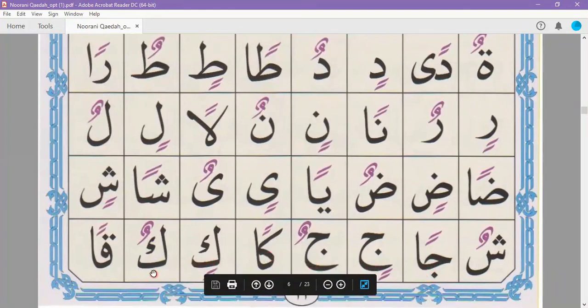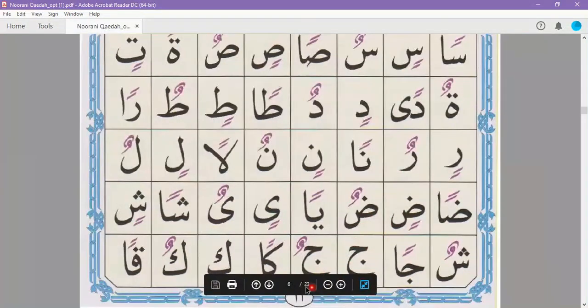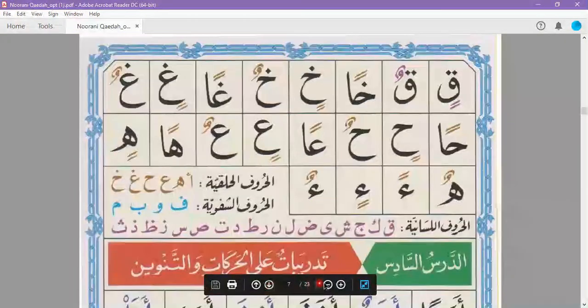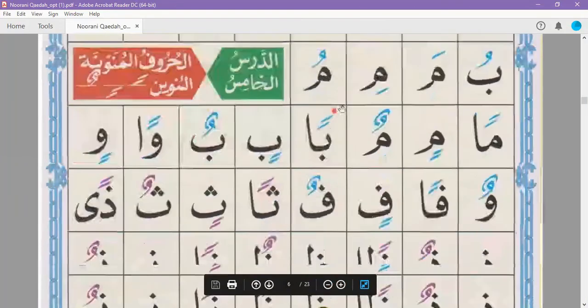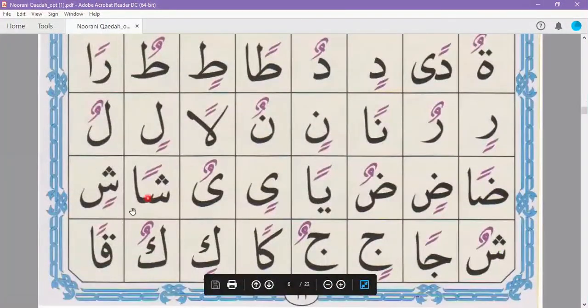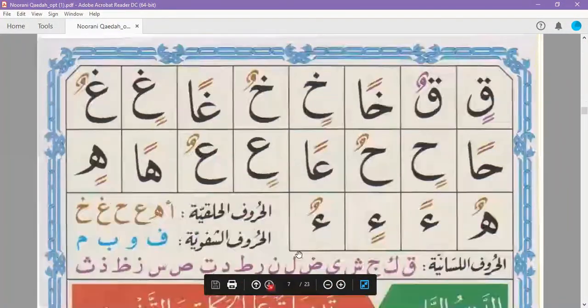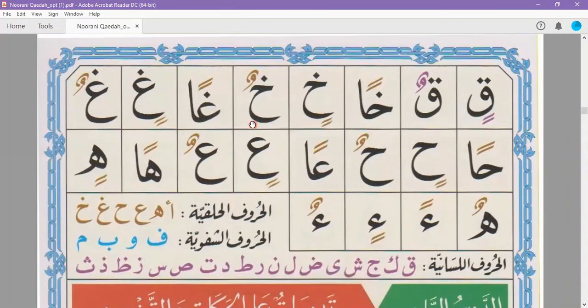Kan, kin, kun. Qan, qin, qun. Khan, khin, khun. Ghan, ghin, ghun.